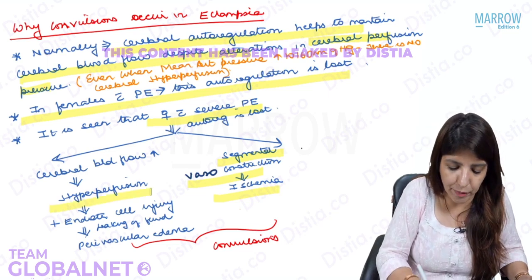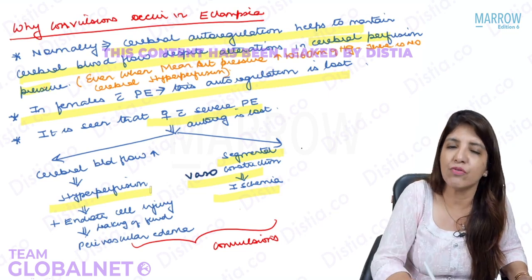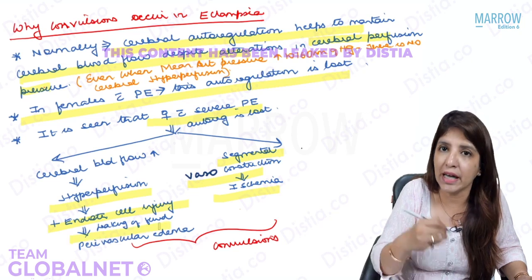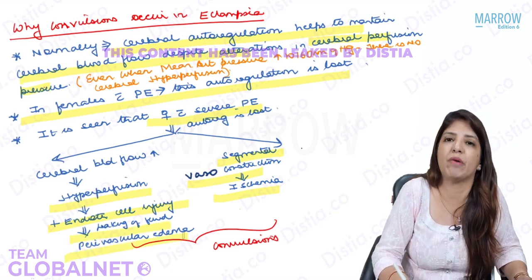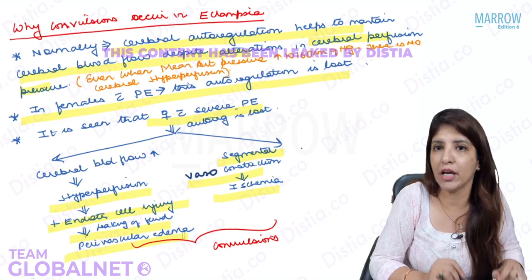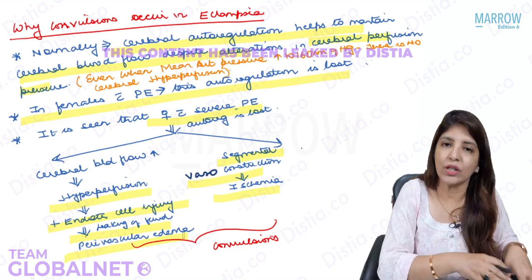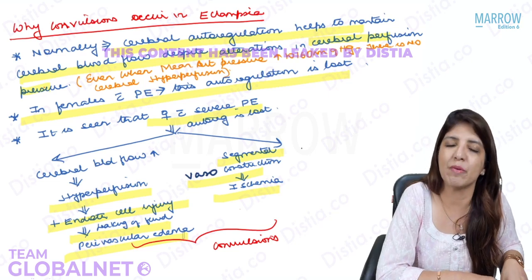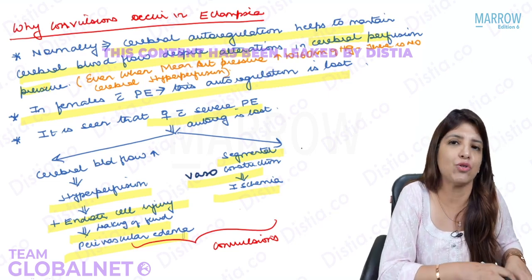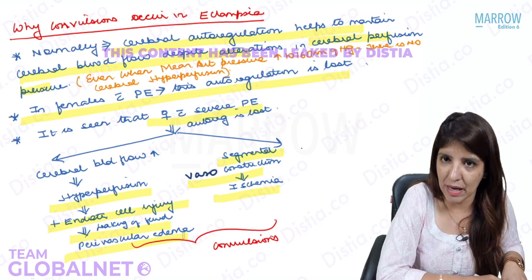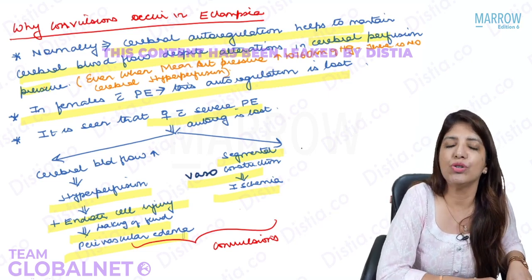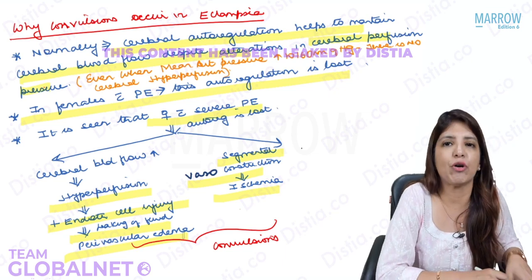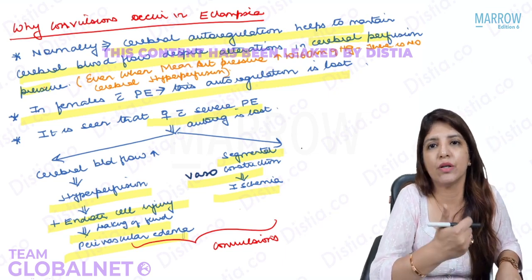So there can be hyperperfusion, and because of this hyperperfusion and endothelial cell injury, there will be leaking of fluid, which is going to lead to perivascular edema in the brain also. Right? So 2 things are happening in the brain. At places, there is going to be vasospasm, and because of that vasospasm, there is going to be ischemia. Right? And number 2, there is going to be cerebral hyperperfusion and endothelial cell injury, because of which there is going to be perivascular edema.